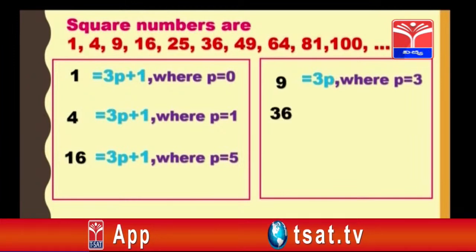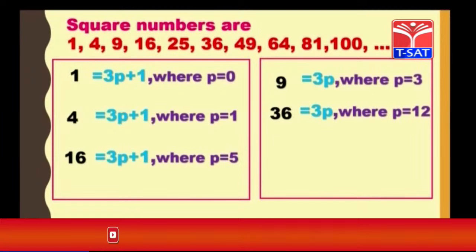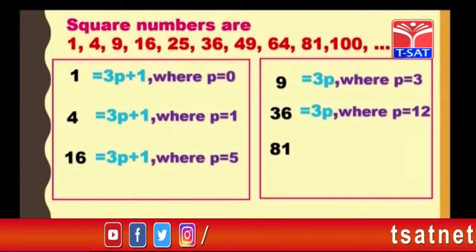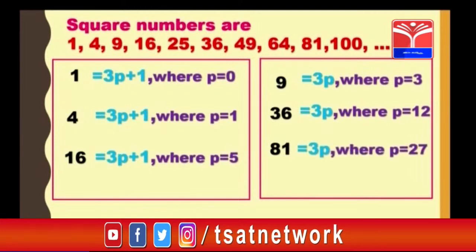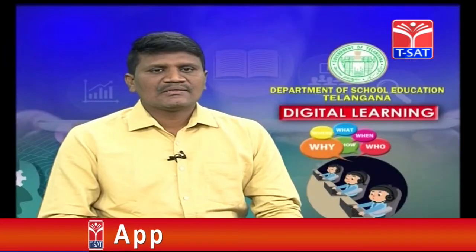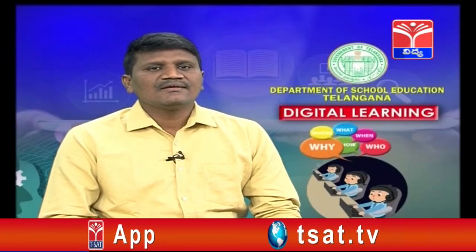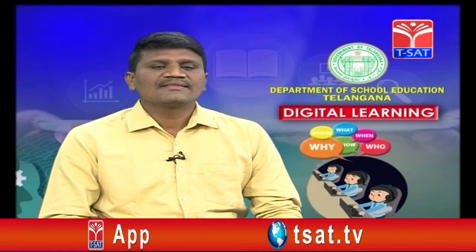Next number is 36, which I can write as 3p, where p is equal to 12. 12 threes are 36. And 81 I can write as 3p, where p is equal to 27. That means we can write every square number in the form 3p or 3p plus 1 only.